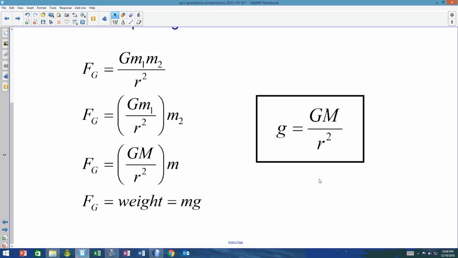So if the object's sitting on the surface of the Earth, this would end up being the radius of the Earth. However, if we're looking at a satellite which is 100 kilometers above the surface, or 300 kilometers above the surface, then we would have to add that amount above the surface to the radius of the Earth to get what this r actually is. Okay, so we're going to do some examples so you can see that.